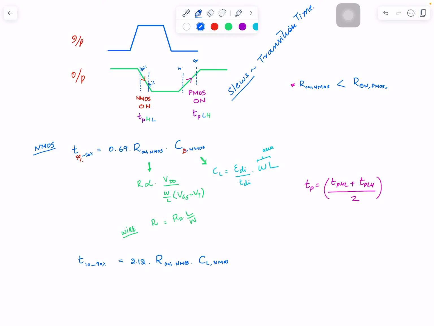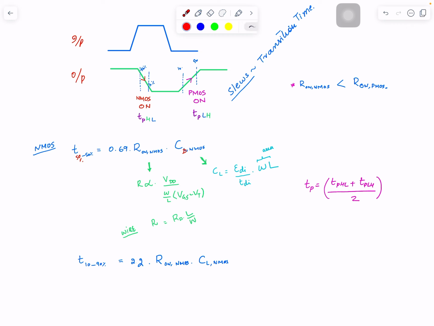So the question right now is how you can reduce the delay and transition time. You can measure it, or you can hand calculate using equations. And by the way, 10 to 90% is, I think, 2.2 RC for NMOS and PMOS.